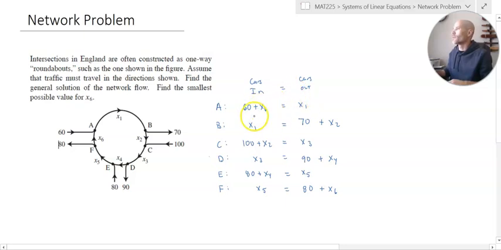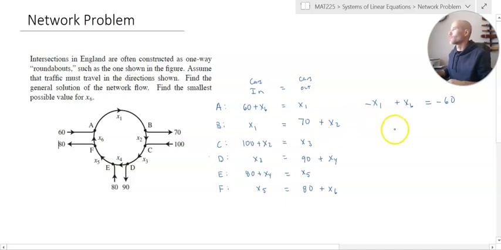So I suppose I'll just go ahead and subtract x1 over, giving me negative x1 plus x6, and then I have to move the 60 over to the other side. You could alternatively just subtract x6 and make this x1 minus x6 equals positive 60. You'll notice that's exactly the same equation. It's just both sides multiplied by a negative 1.